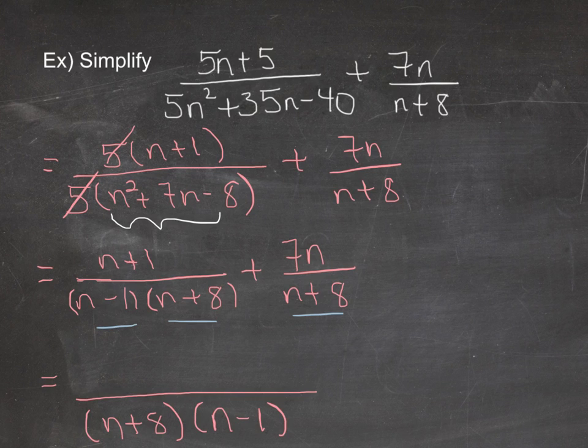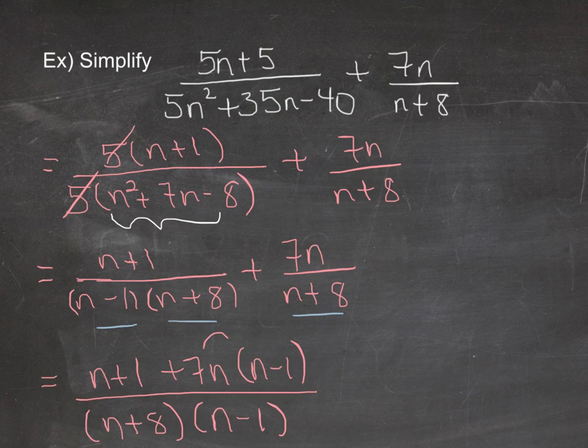So the first part here, this n plus 1, was already over what is my common denominator, so it can just stay the same. And then plus 7n times, well, it was only over n plus 8, so I need to multiply it by n minus 1 to keep this equivalent.